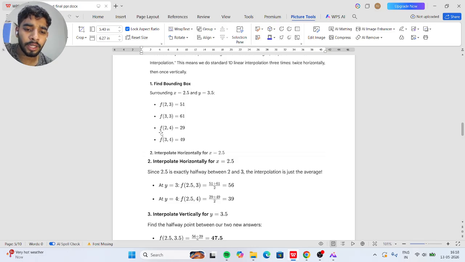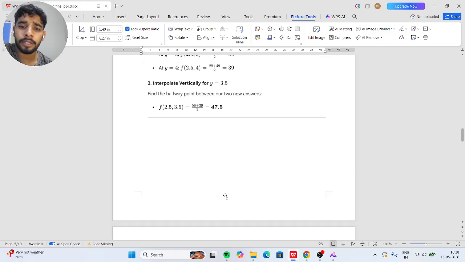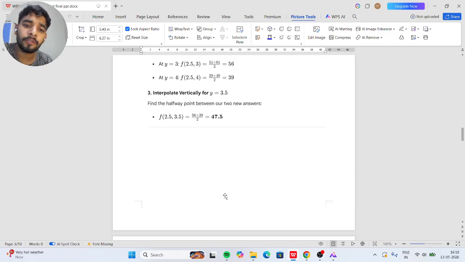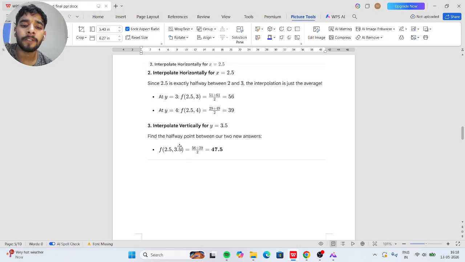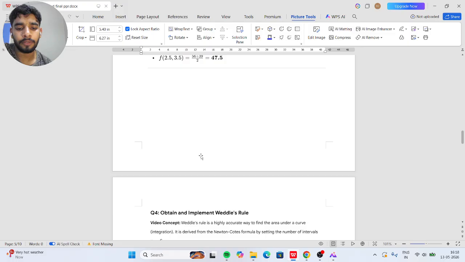Similarly for f(2.5,4), we take these two values, divide by 2 and get the average value. Now interpolate them vertically. For f(2.5,3.5), 3.5 lies between 3 and 4, so we take these two values and divide by 2 to get our final interpolated value.